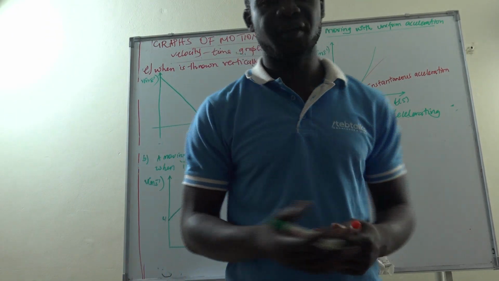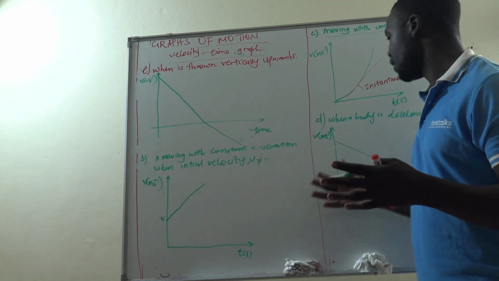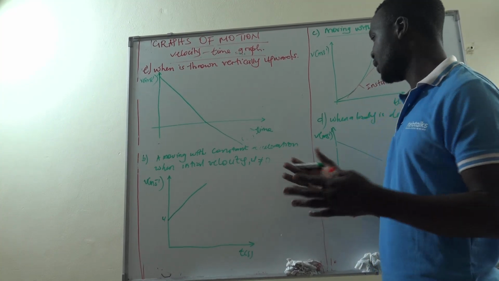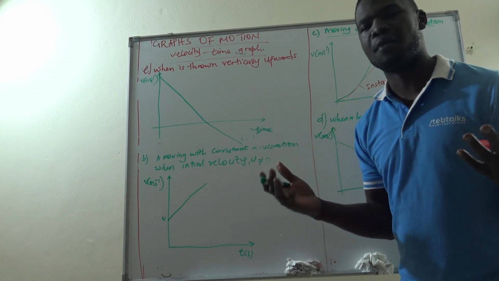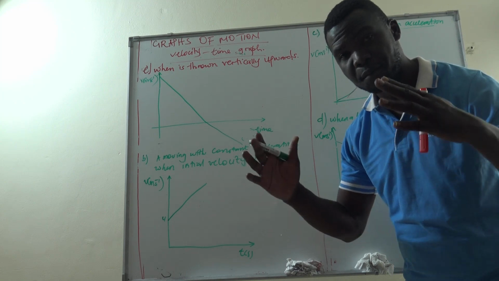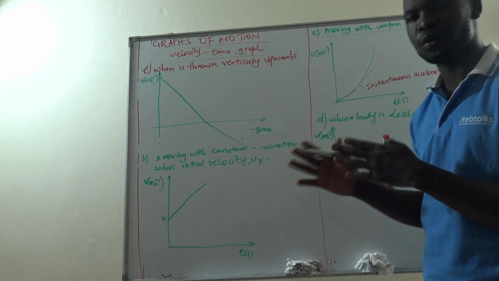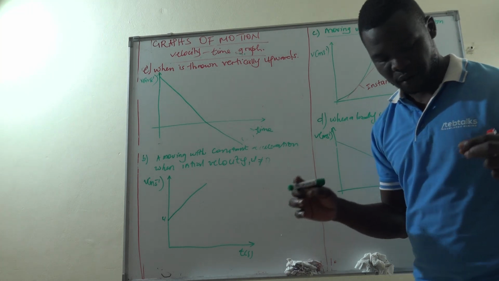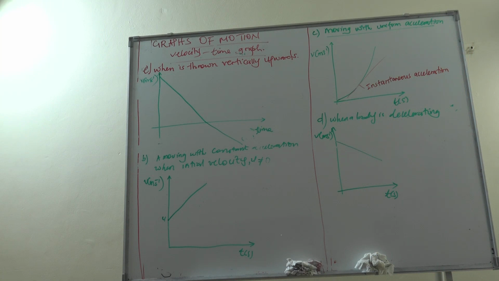So therefore, guys, make sure you take note of these graphs of ours, because they are also among the set questions. So to be on the safe side, make sure you understand them and you know how to draw each of them, because they will be required in an exam at one point.